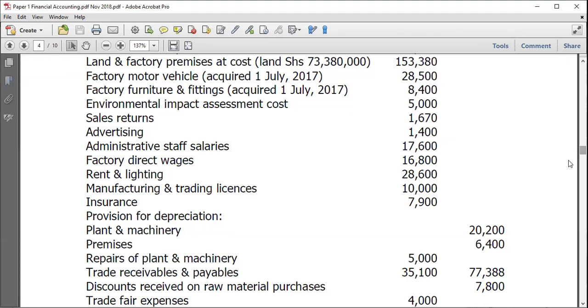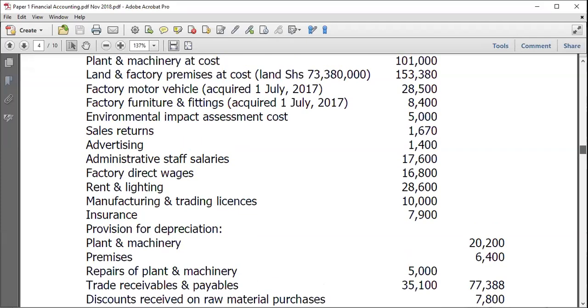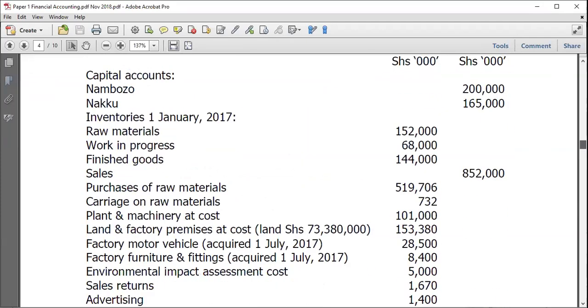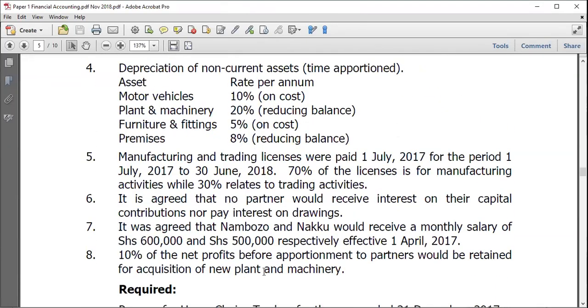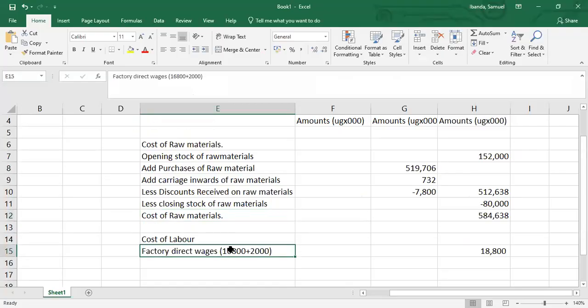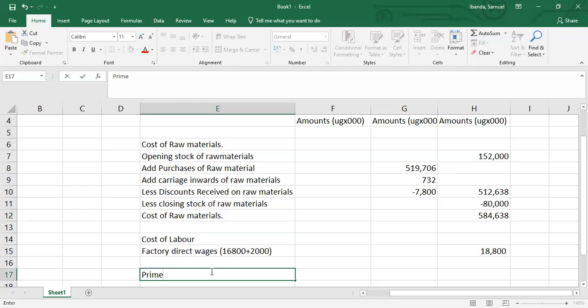If there's none else, I'll just add up the cost of raw materials and then the cost of labor to get what I'll call my prime costs. Sometimes we call them the direct costs.